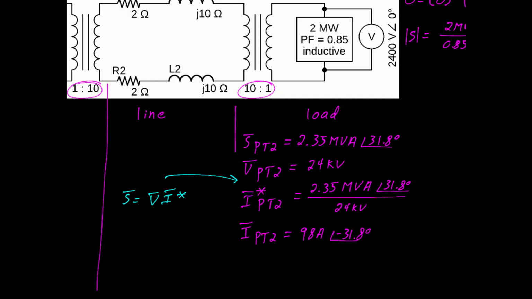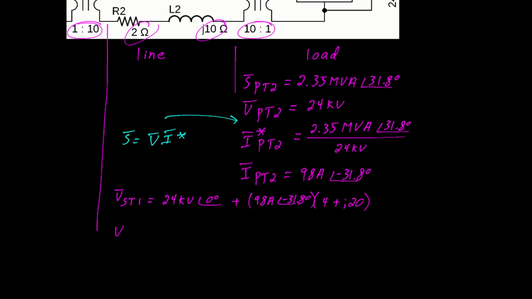Now, working our problem right to left, we can go to the secondary of transformer T1 and calculate the voltage. This is an application of Kirchhoff's voltage law. We say that the voltage on the secondary of T1 is equal to the sum of the voltage on the primary of T2 plus the loss in the line. And we calculate the loss in the line as 98 amps at a phase angle of negative 31.8 degrees multiplied by the impedance of the line.